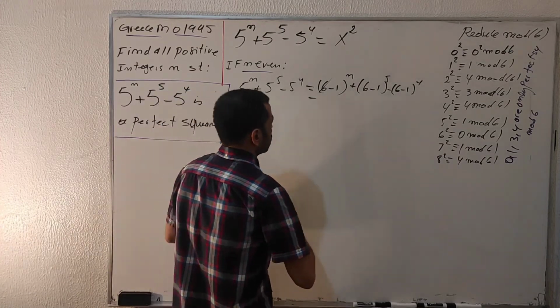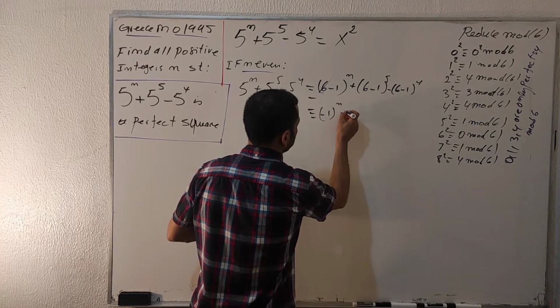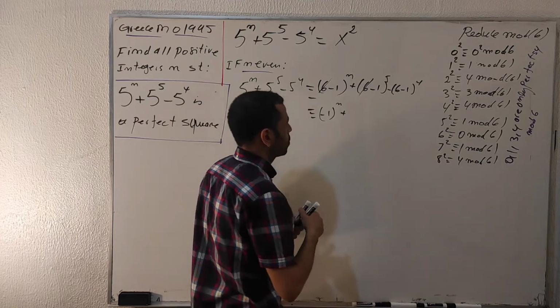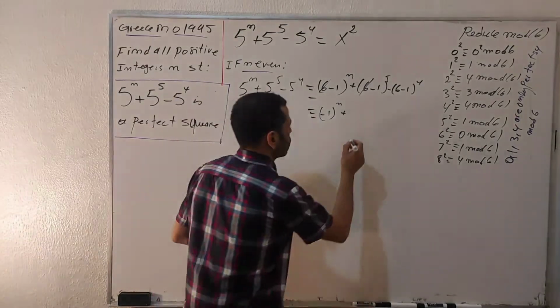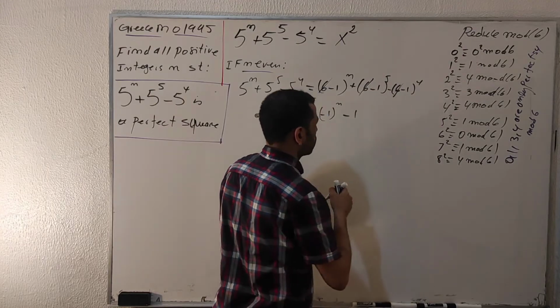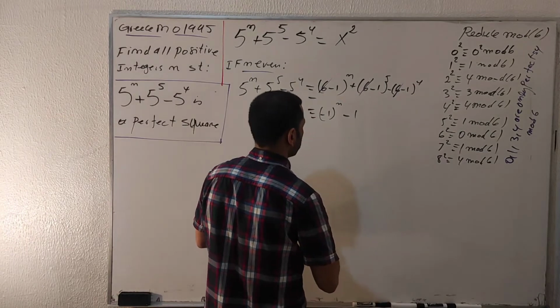I am left with minus 1 to the n. Then minus 1 to the 5 is minus 1, and minus 1 to the 4 is 1, with this minus sign it becomes minus 1.